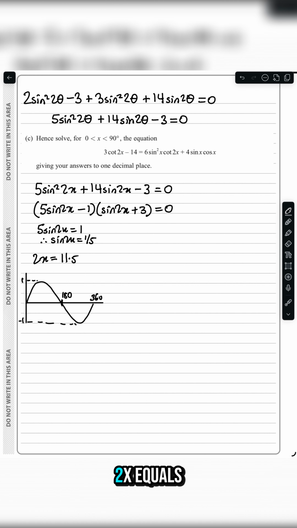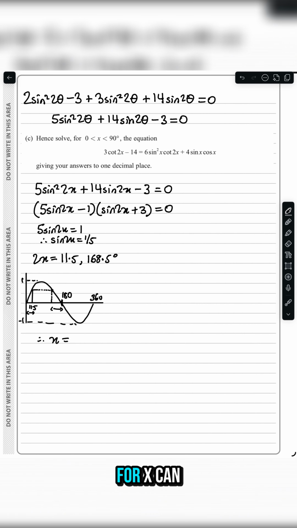So given that 2x equals 11.5, which is somewhere here roughly, we can extend this line to where it next meets the curve, and we can draw a vertical line to the x-axis, and we know that this distance, which is 11.5, is the same as this distance. So if we subtract 11.5 from 180 degrees, that gives us 168.5 degrees.